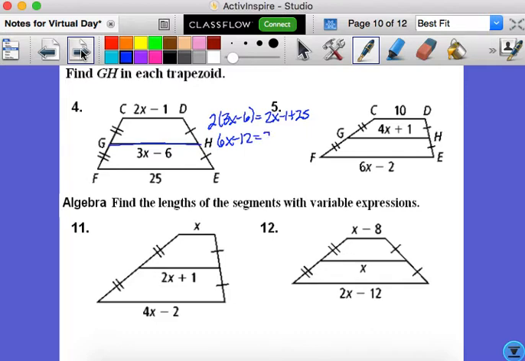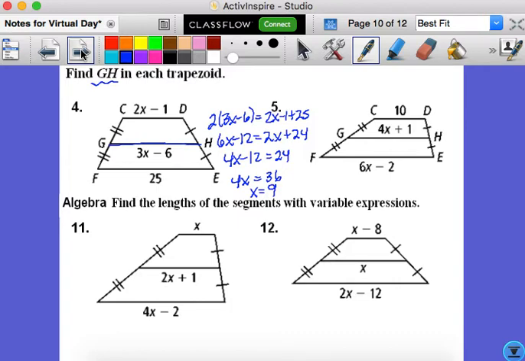Distribute our 2, subtract our 2x from both sides, add our 12 to both sides, and then we can solve for that x value by dividing by 4, which gives us an x value of 9. Notice in our directions here, though, it asks us to find GH.